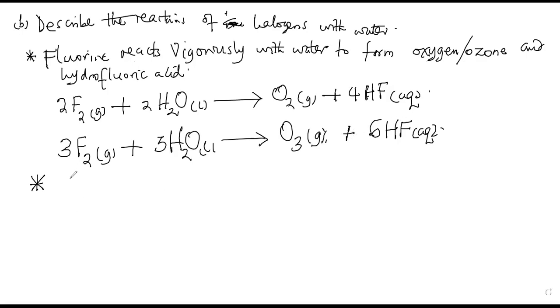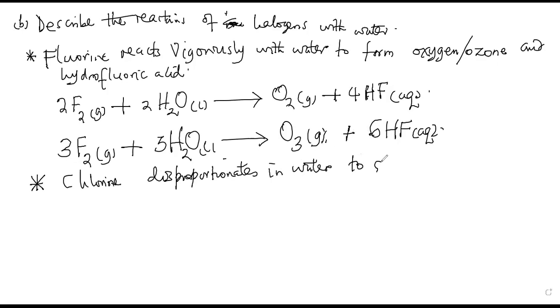For the case of chlorine, it disproportionates in water to form chloric 1 acid and hydrochloric acid.